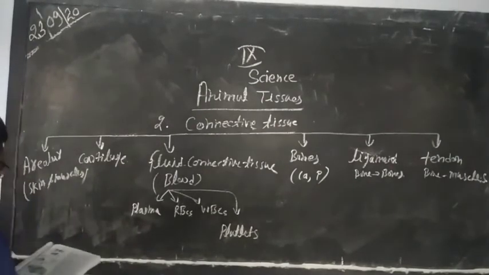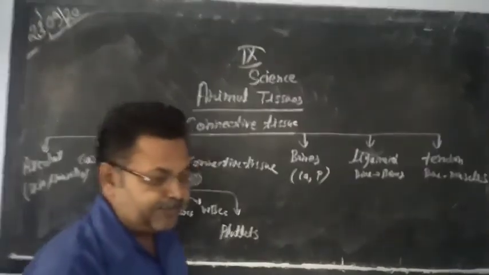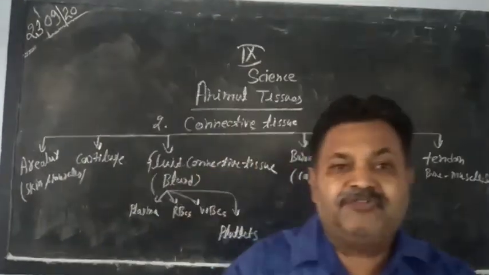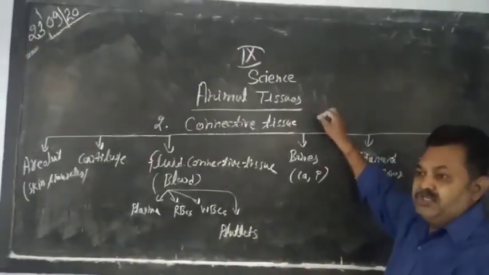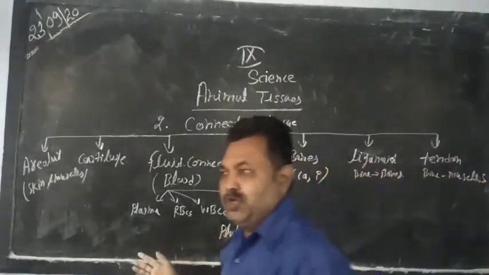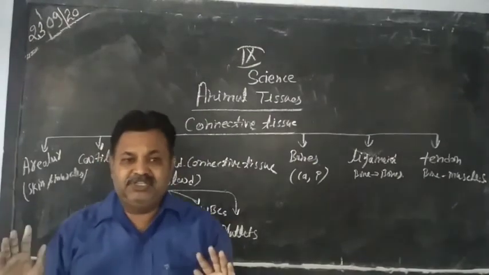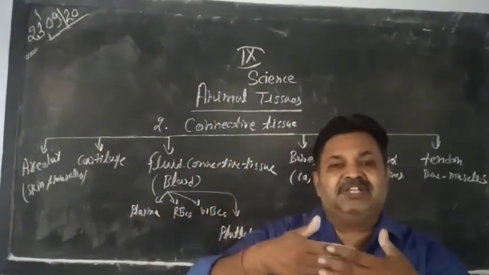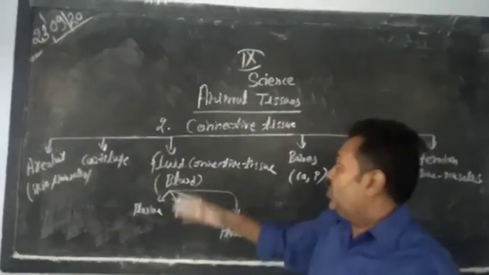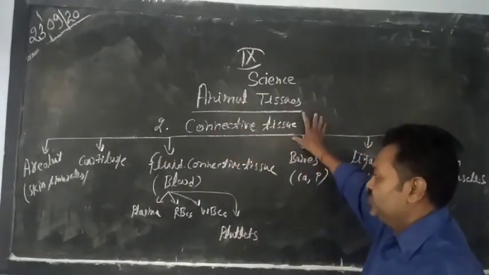So this is the second type of animal tissue, connective tissue. You know that connective tissues lie between two organs and their function is to connect two body parts. So these are known as connective tissues.